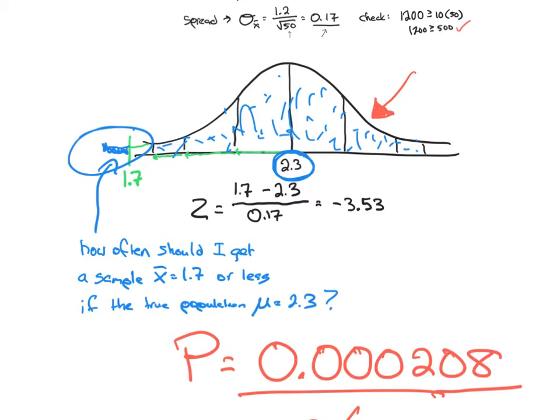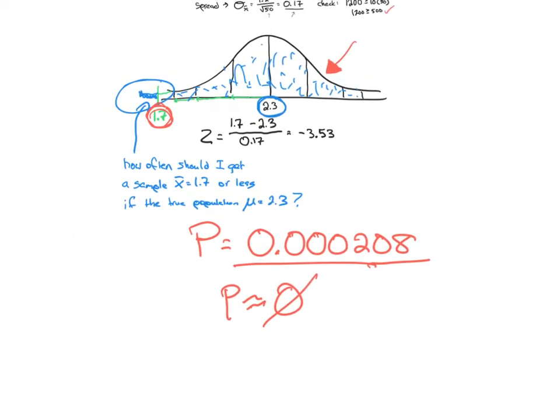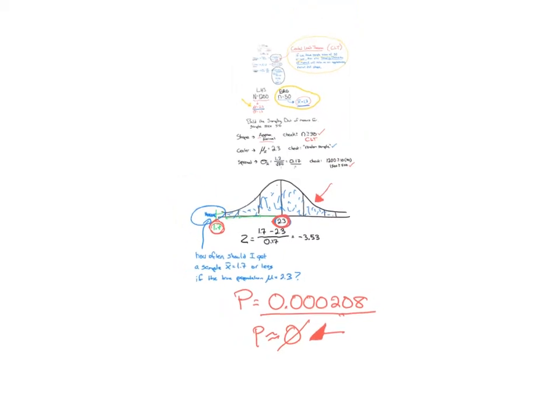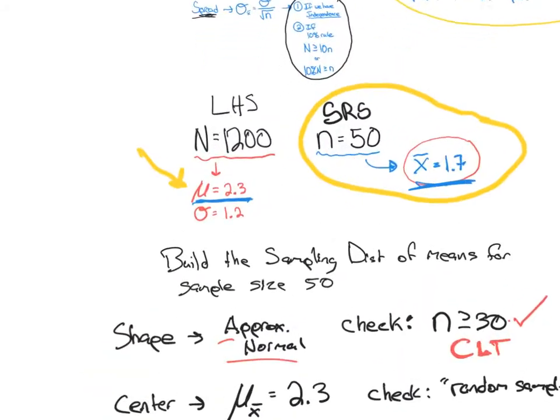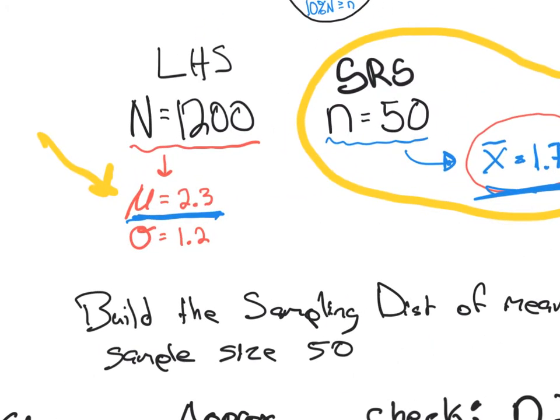And if this is the distribution of all possible samples, how often do I get one like mine? Well, I should not have really ever gotten a sample like that if 2.3 was the actual population mean. So I do not believe that is a good, true average for the Lake Ridge High School number of pets.